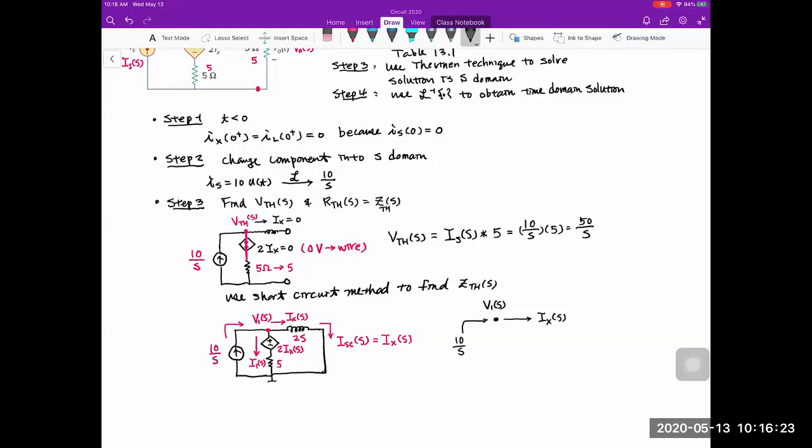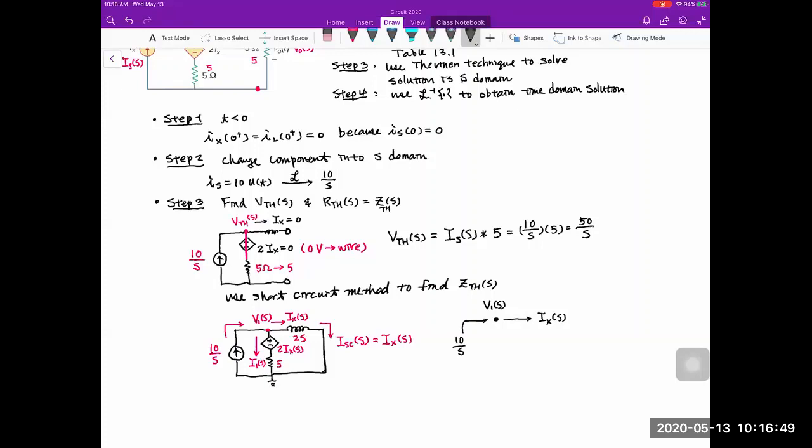Well, remember, we have another essential node here, which goes to the ground. And the current is the voltage difference over your resistance. So if I can find the voltage difference between the top node and the bottom ground, then I can find the current.